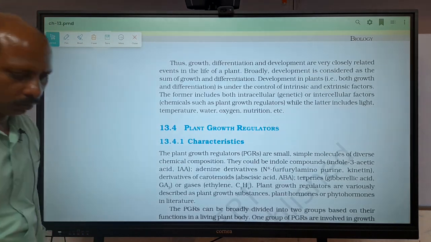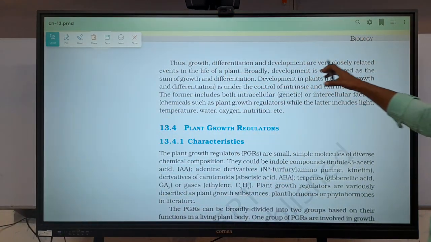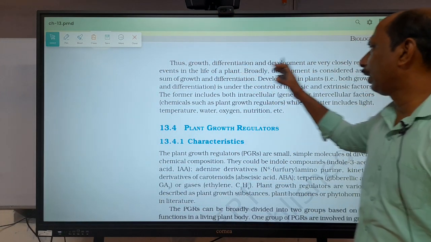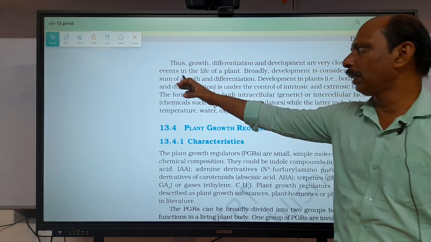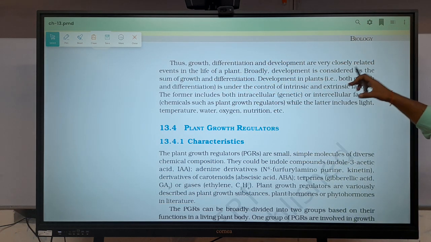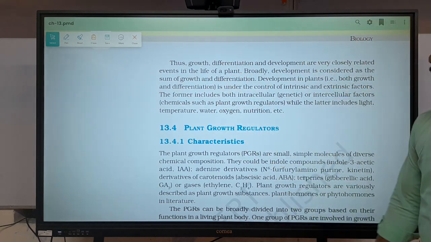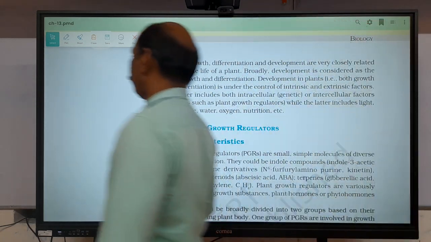Now, what is growth? Growth, differentiation and development are very closely related events in the life of a plant. Broadly, we can say development is considered as the sum of growth and differentiation. What is development?